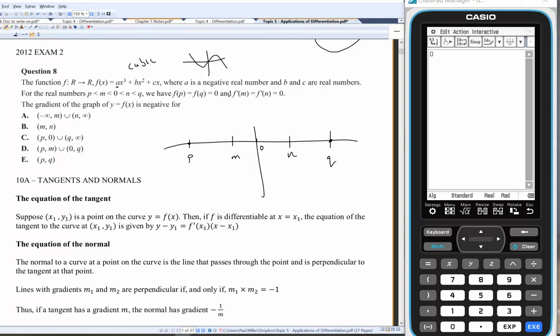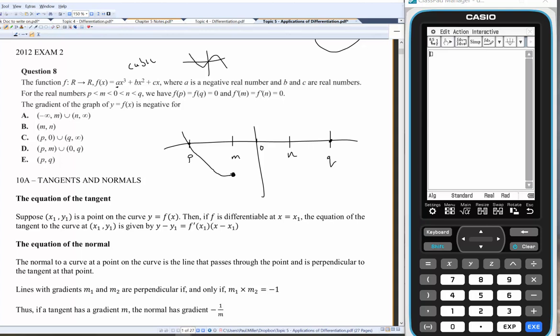Now f dash m equals f dash n equals 0. So that essentially is saying that the gradient at m is equal to 0. So how's this going to work? The function's going to come down like this and turn there. Somewhere there anyway, what value of y, I don't know.